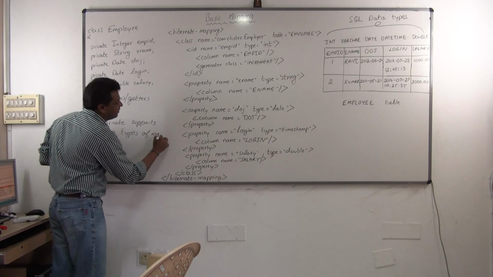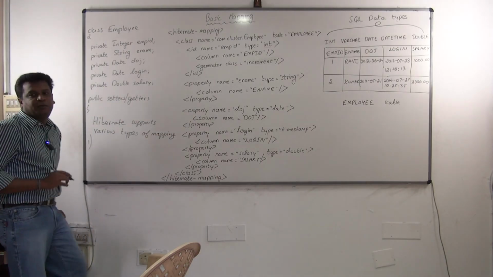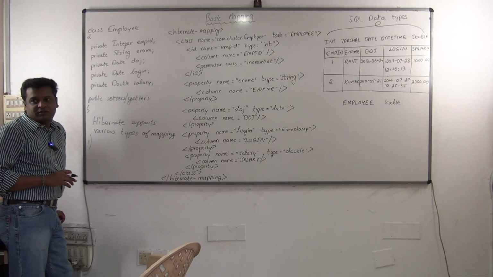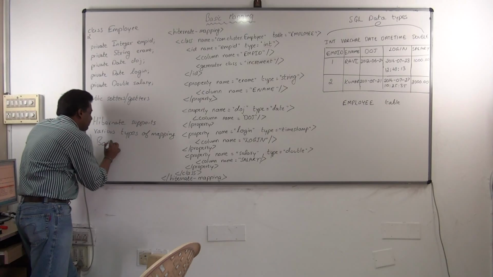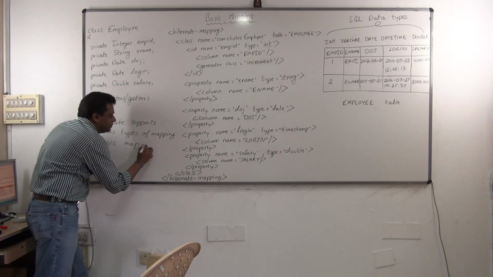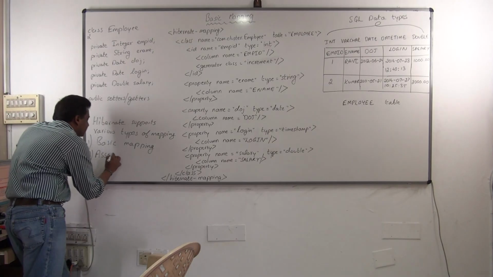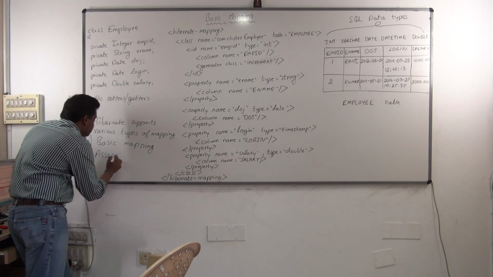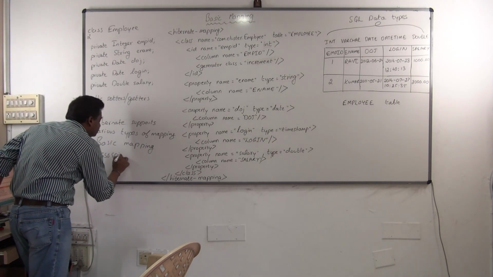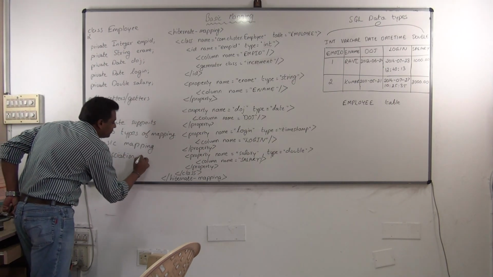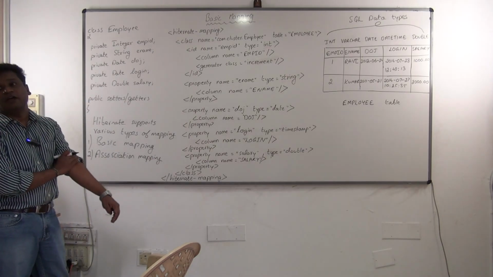Among them, the most popular and extensively used mappings worldwide are two: basic mapping, the first one, and the other one is association mapping. These are the extensively used mappings of Hibernate worldwide.